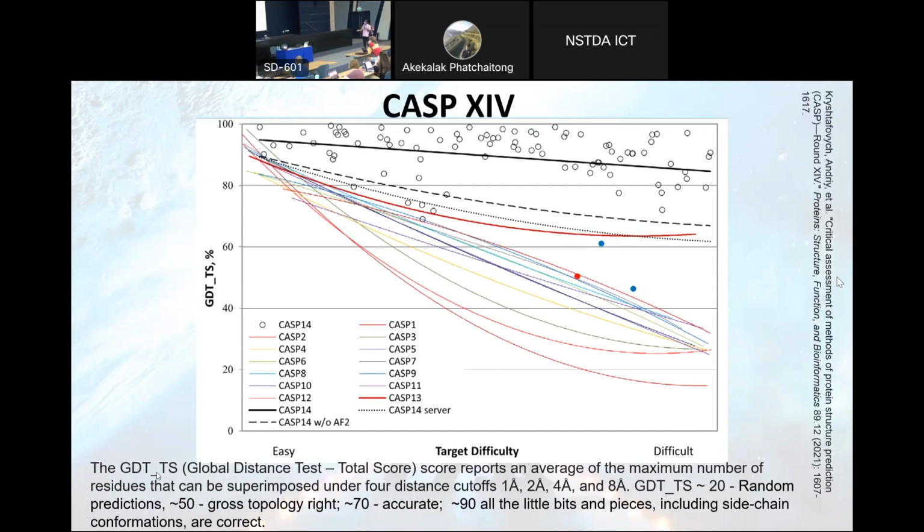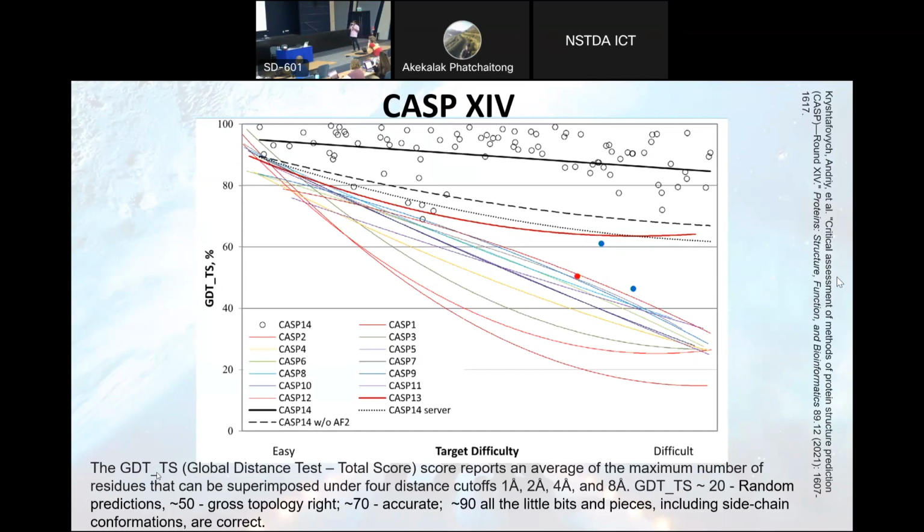Easy means it's easier to find templates in PDB. Difficult means it's very hard to find templates in PDB. And a rule of thumb is, if it is above 90, you got everything right. If it is above 50, you kind of got the topology right somewhere.